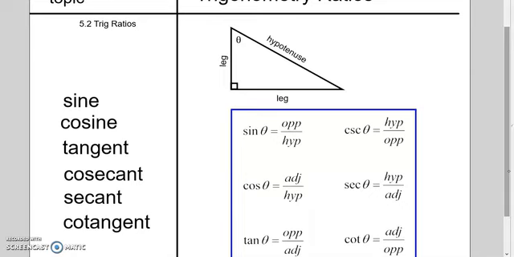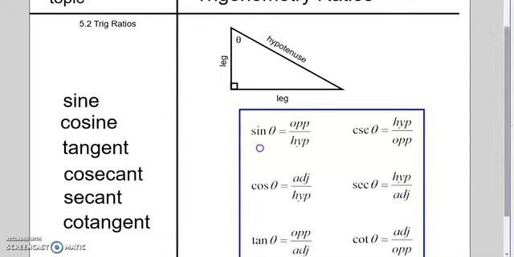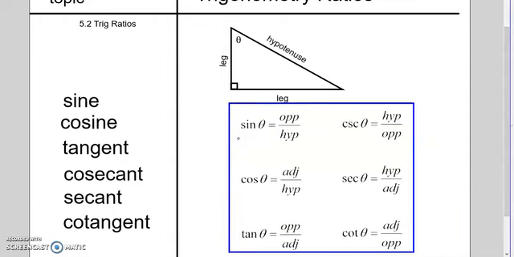Okay, so the first one here, sine, is something we already have seen. The sine is the opposite over the hypotenuse, and the cosine is adjacent over hypotenuse if you have a right triangle.